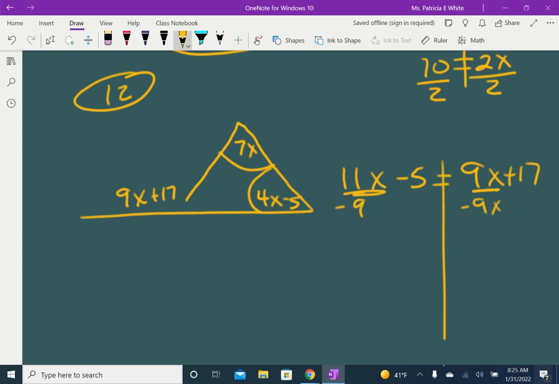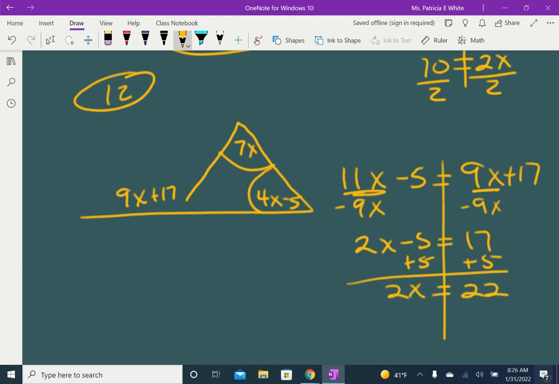I'm going to bring my 9x over this way, again, only because it's smaller. So I have 2x minus 5, 17, plus 5. And I have 2x equals 22. Divide by 2. And x equals 11.